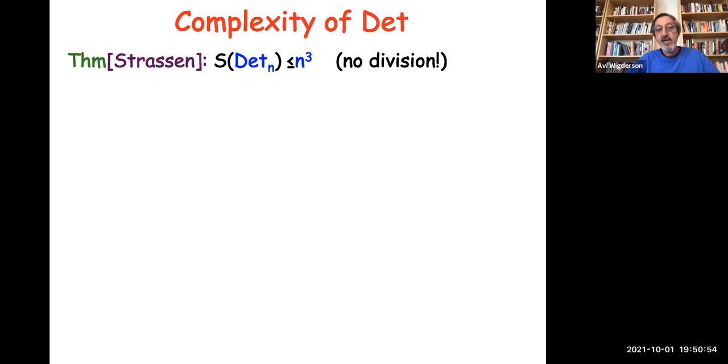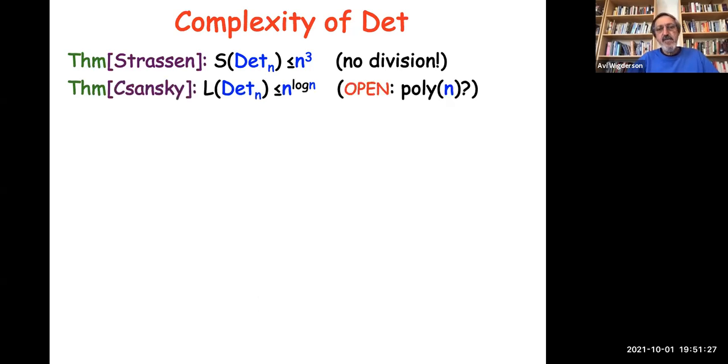It's a polynomial, so you don't expect to use division. In fact, you don't need to. Strassen's result is that, in general, if you have an arithmetic circuit with division computing a polynomial, you can remove the division without blowing up the circuit by much, and have an arithmetic circuit without division computing the same polynomial. So it's a general result. So the determinant is certainly easy, as we said, it's in VP.